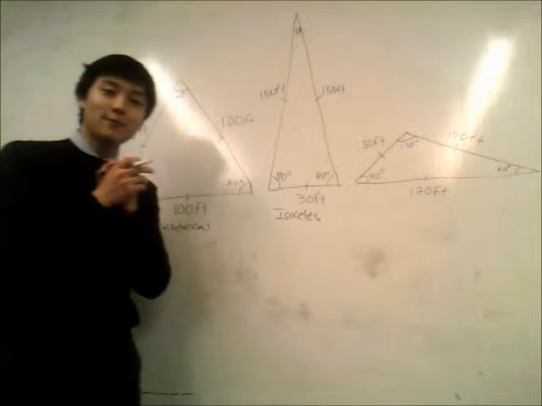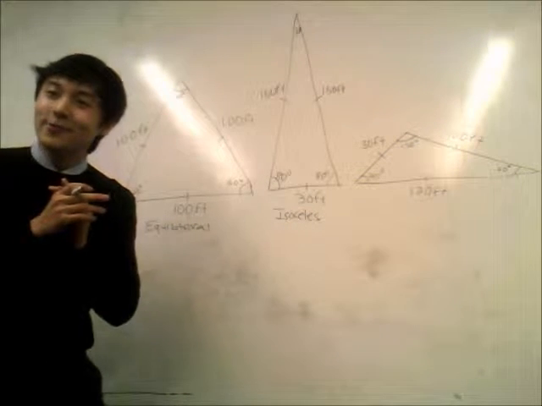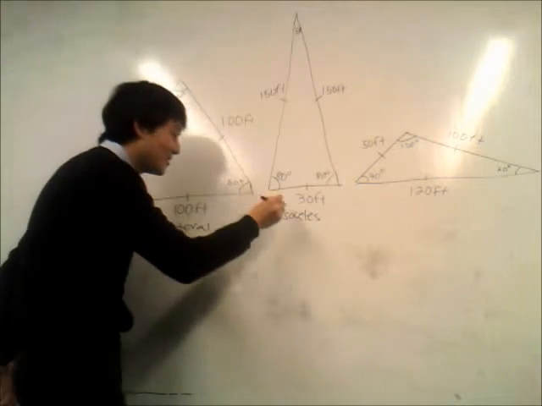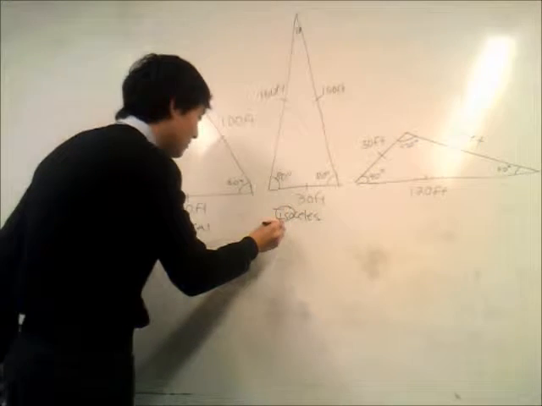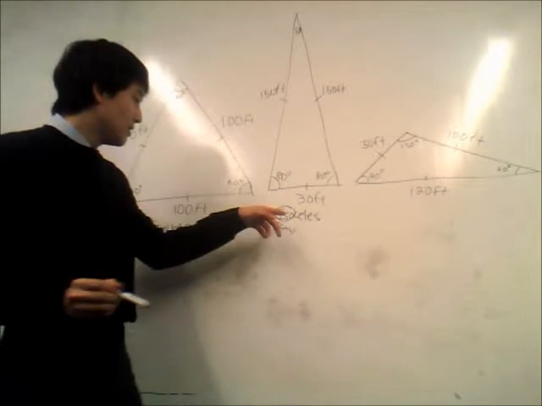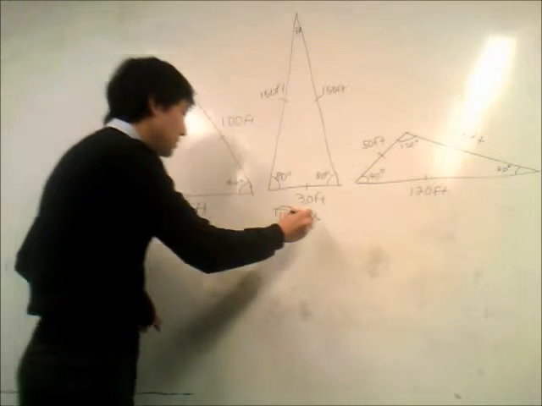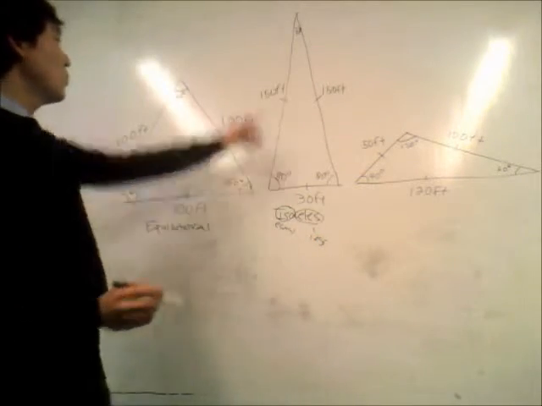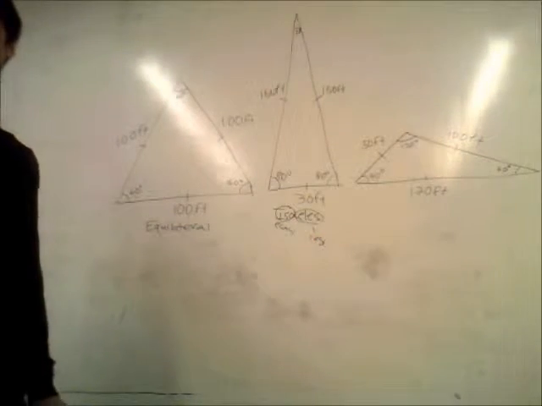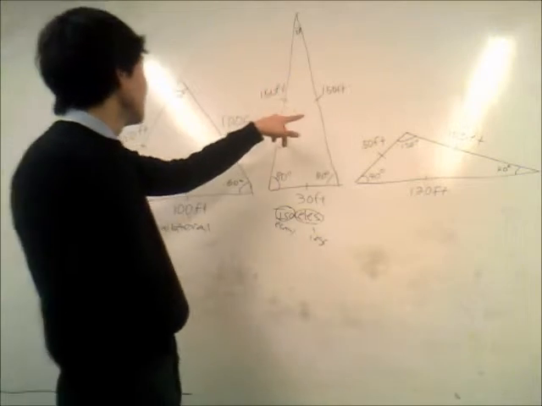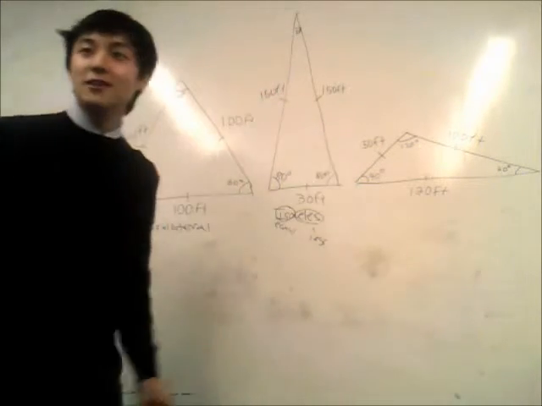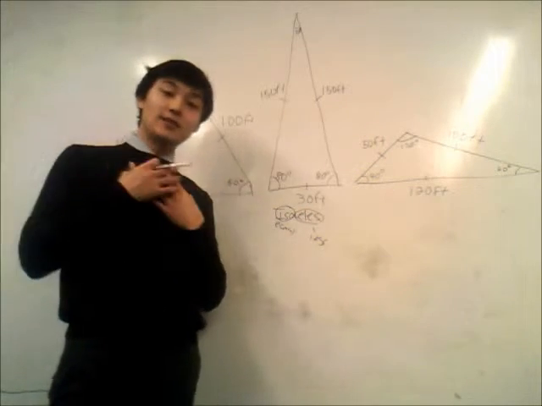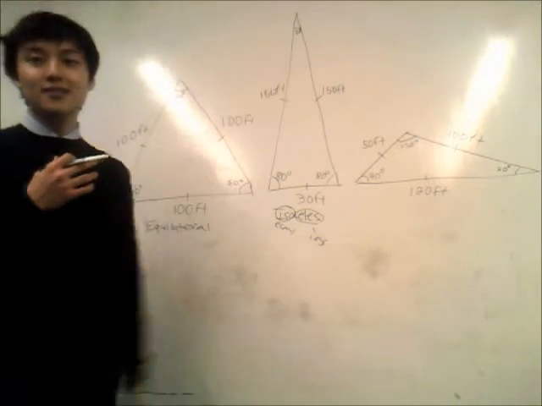Now, I don't know how many of you took Greek, which is probably not likely, but iso means equal, and celes means legs. So equal legs. Now, what looks like legs here? The two long sides. Yeah, so these two sides are equal. That's why the Greeks called it isosceles.